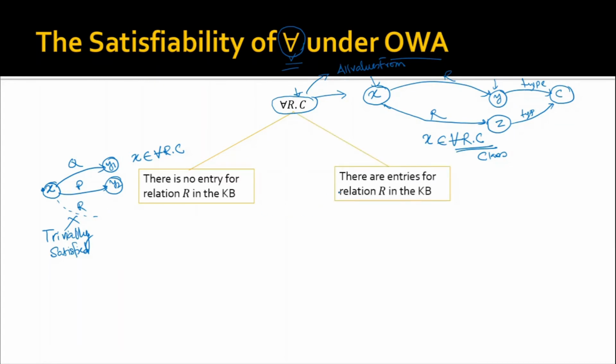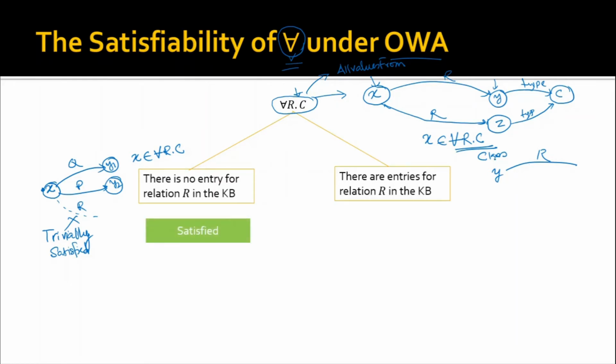The other case is there are entries for relation R in the KB. So you have different entities, say Y, to which you have outgoing relation R, right? In that case, there will be two situations.